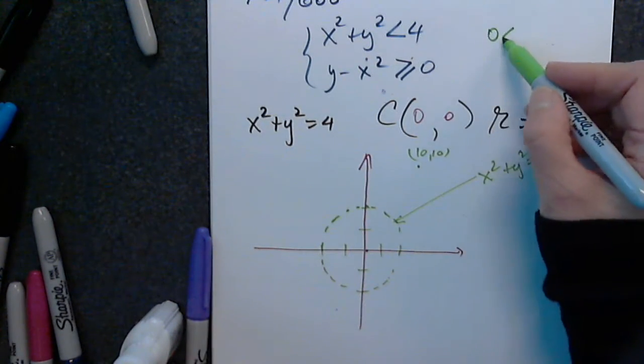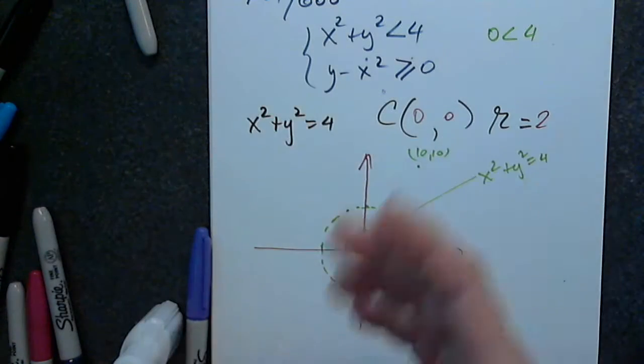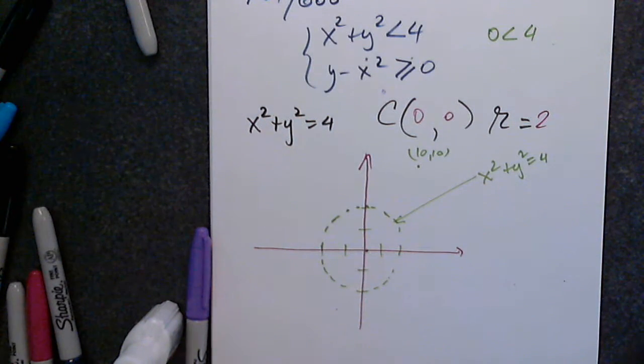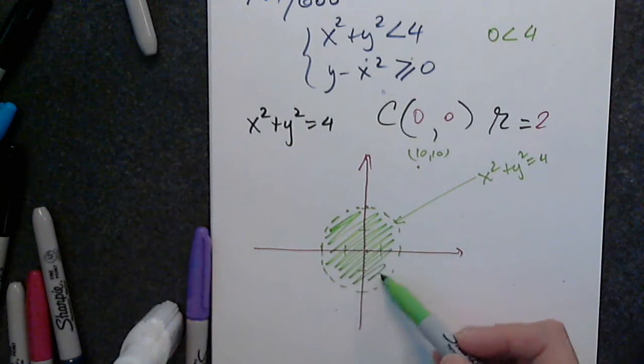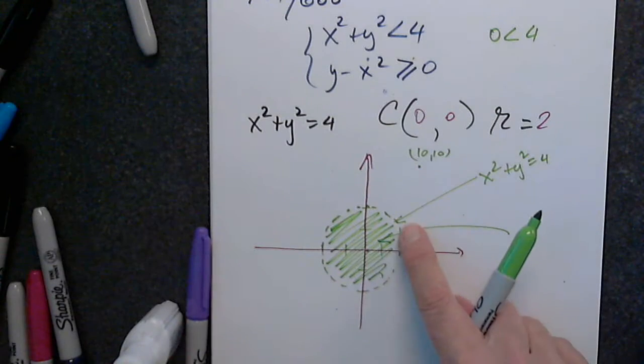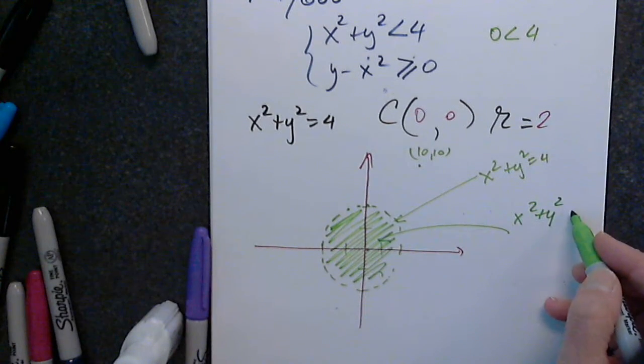Is 0 less than 4? If you say yes, I will shade in the area inside the circle. If you say no, I will shade in the area outside the circle. Yes. So then we will shade in everything inside, and the inside is x squared plus y squared less than 4.